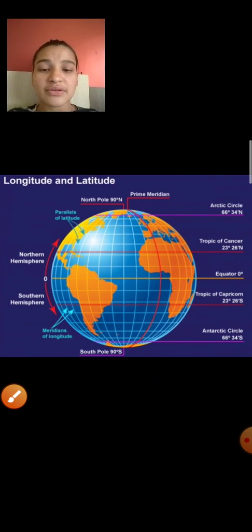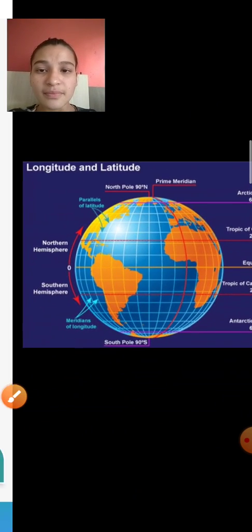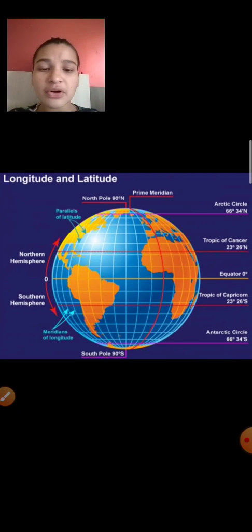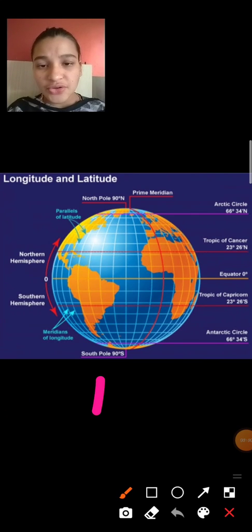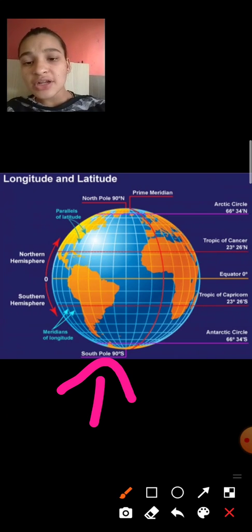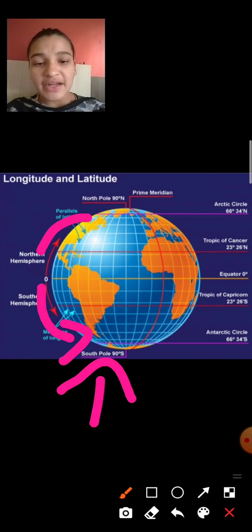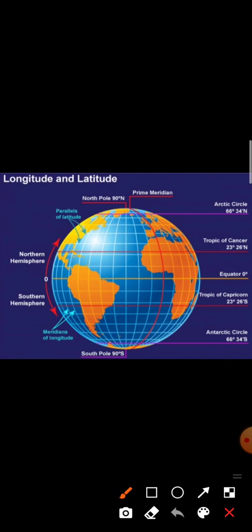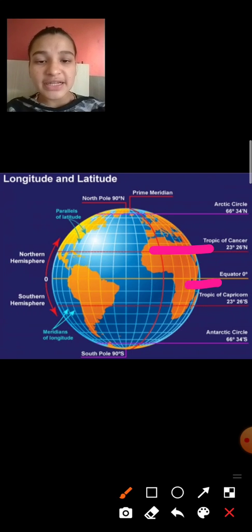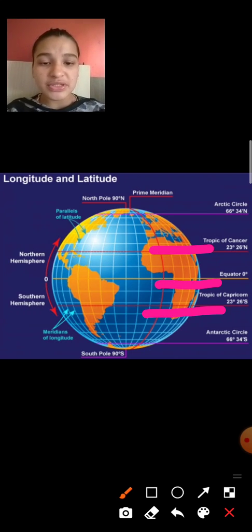Okay. Now next, here it is North Pole, South Pole, Prime Meridian. See here, the northern hemisphere goes upwards and the southern hemisphere goes downwards, right? Then here is the Tropic of Cancer, Equator and Tropic of Capricorn. These three are there.